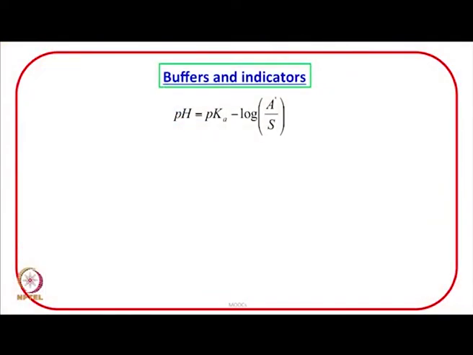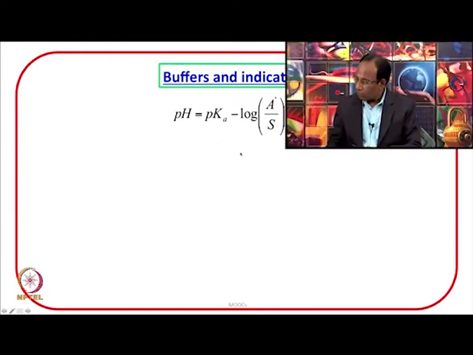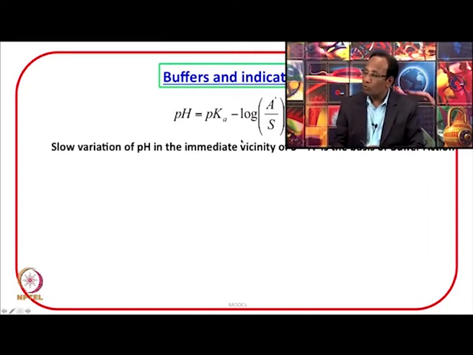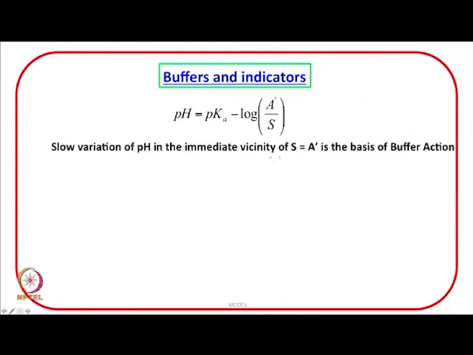Let us discuss details. This is the Henderson-Hasselbalch equation, and this equation suggests that the slow variation of pH in the immediate vicinity of S equal to A prime is the basis of buffer action.